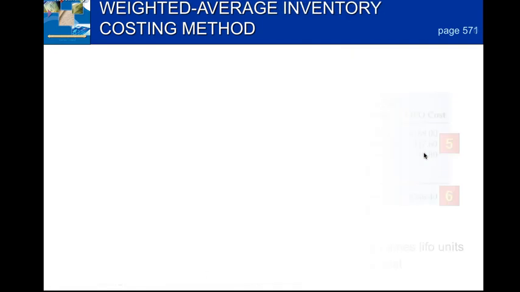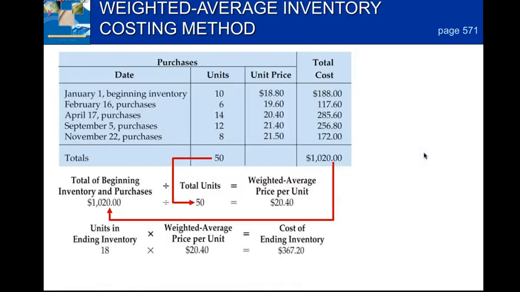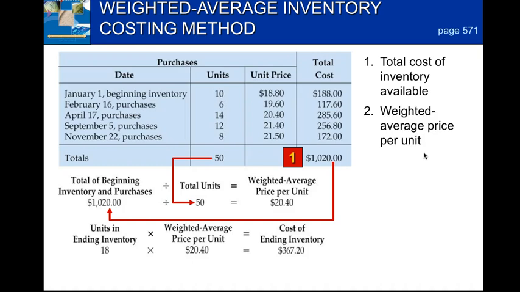Okay, so the third method is the weighted average inventory costing method. This is when the average unit price of the total inventory available is calculated. So we have the total cost of inventory available, which is $1,020. We have the weighted average price per unit, okay?